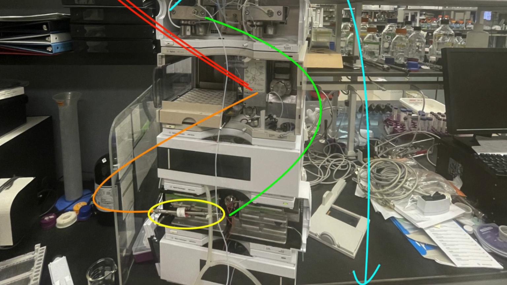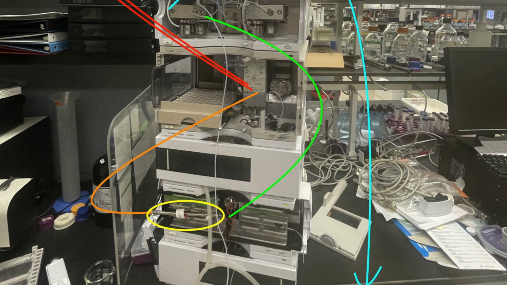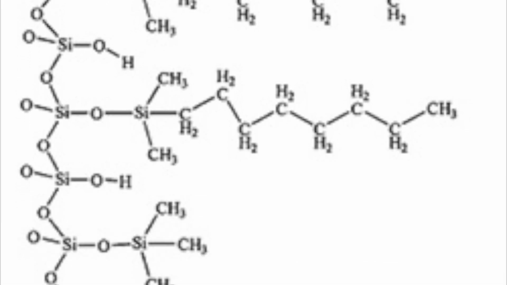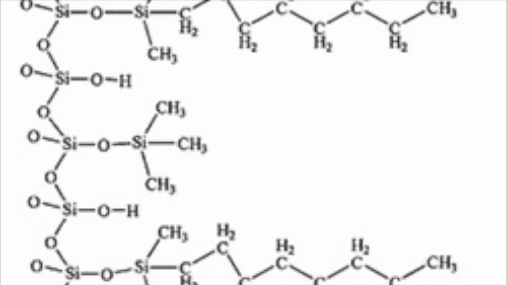you have this column, which on the inside is filled with hydrocarbon tails, really. You can see that this is what's on the inside of the column: this scaffold attached to a hydrocarbon tail which is 8 carbons long. So we'd call this a C8 column.